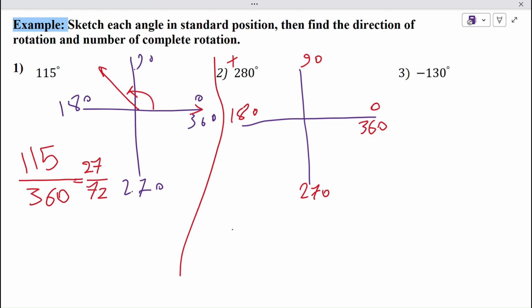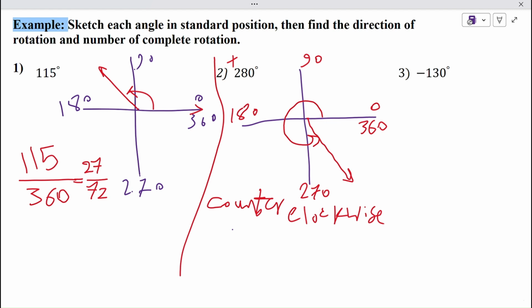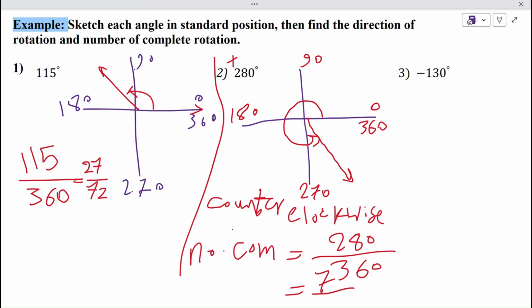So this is the terminal side, and this is counterclockwise again, because our sign is positive. What about the number of complete rotations? It is theta over 360, which is 280 over 360, equal to 7 over 9.